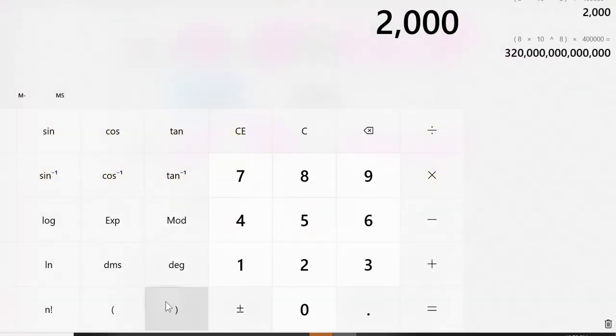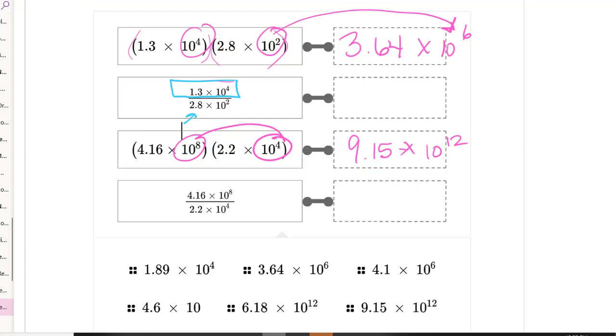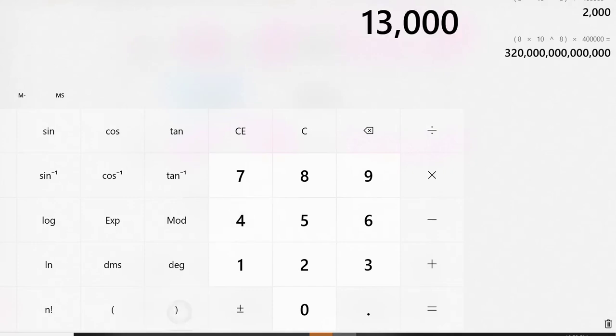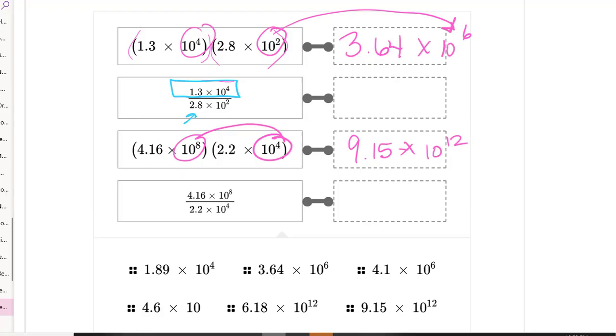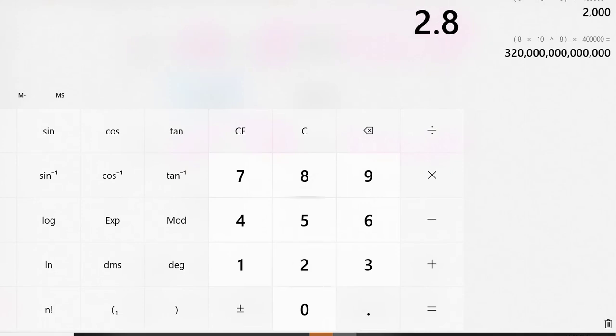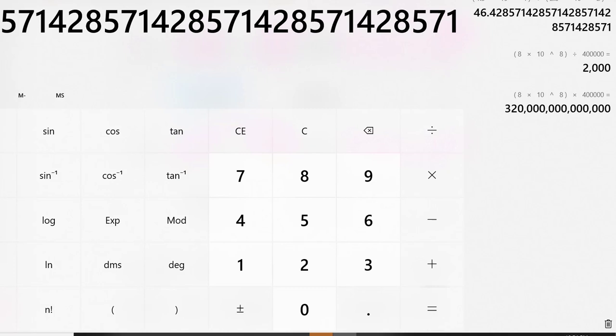So if I put in 1.3 times 10 to the fourth, close that parentheses, and divide it by 2.8 times 10 to the second, close my parentheses. So there it is. I've put it into this calculator, push enter. Okay, I get this number right here.